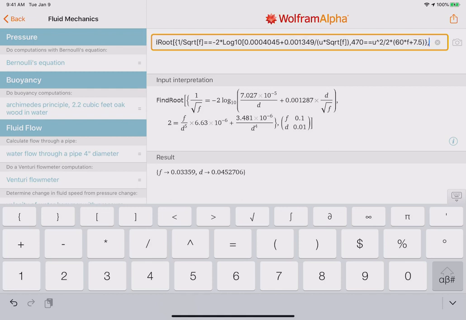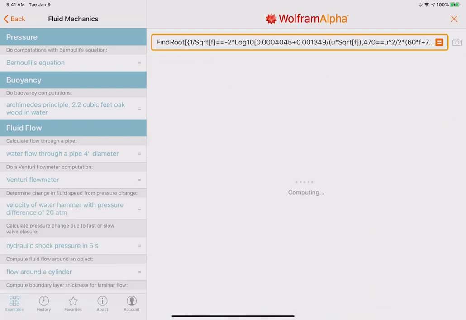Close the curly bracket. Then we have the list of initial guesses, and so I'm going to guess f of 0.1, and I'm going to guess u of, I don't know, 1 meter per second, and run it.